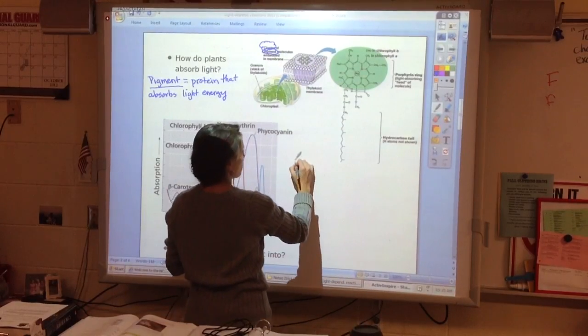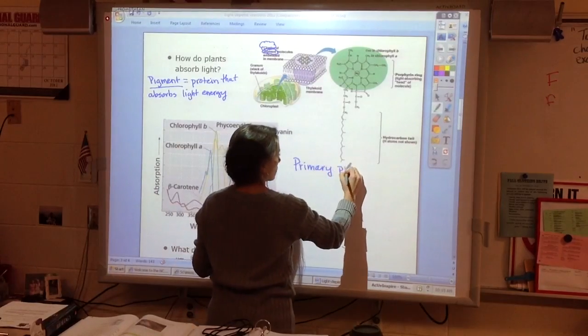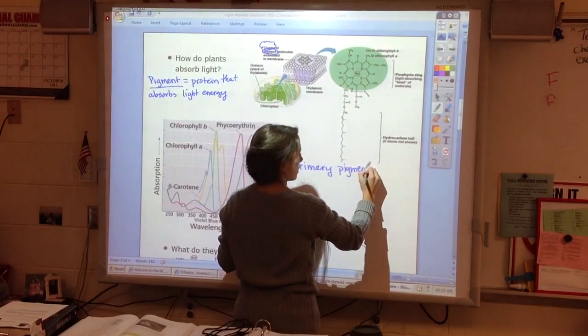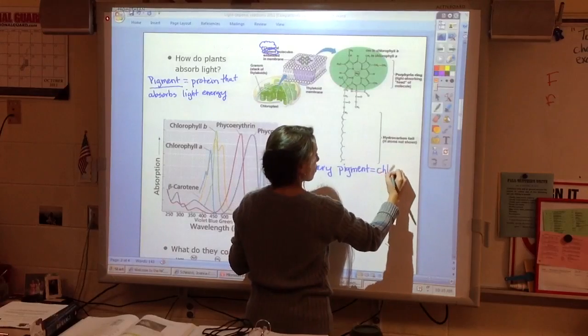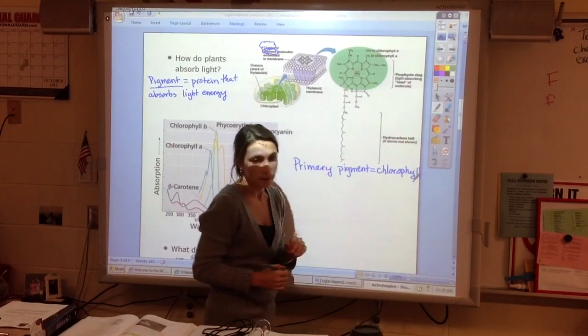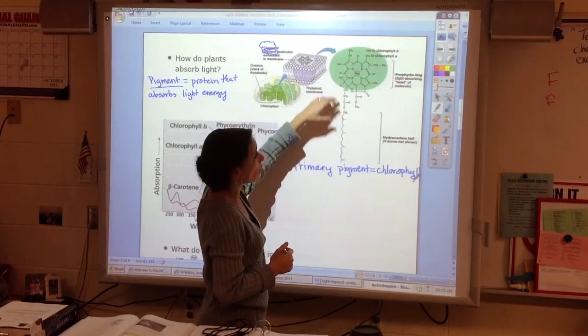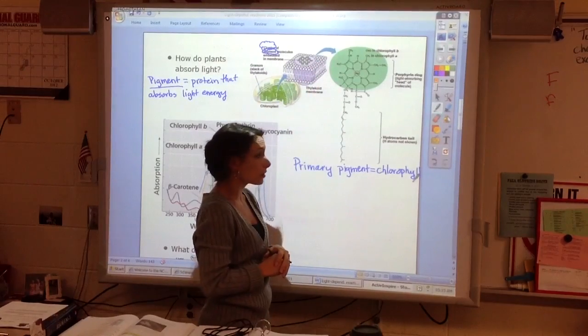The primary pigment in plants is going to be chlorophyll. That is the primary pigment that is going to be able to absorb light.